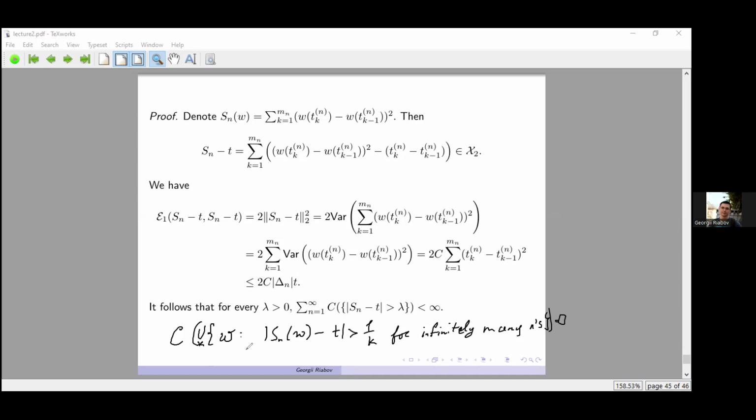Again, we will get a set of capacity 0, and outside this set, for any k, for all large enough n, the sum of squares of increments minus t will be less than 1 over k. Which actually means that outside this set, S_n converges to t.